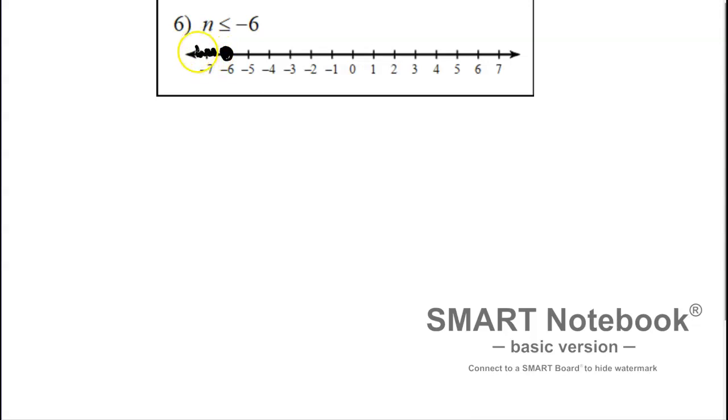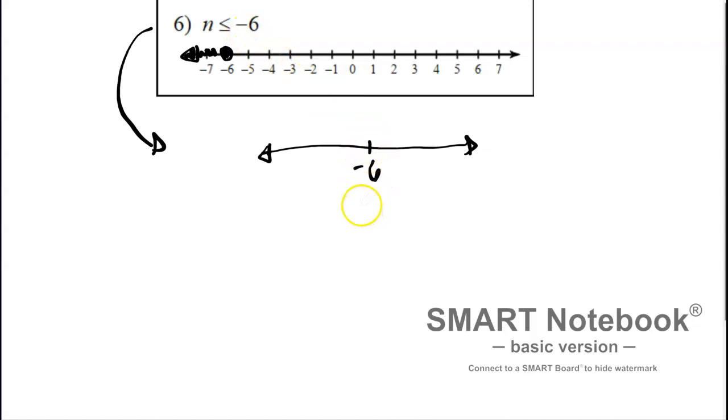So that's how I would show it. Now, as far as you guys go, you're not going to want to do every one of these tallies and all these numbers. So in your notebooks, here's the easy way to do it. Draw a number line like this. This value, put it right in the middle.